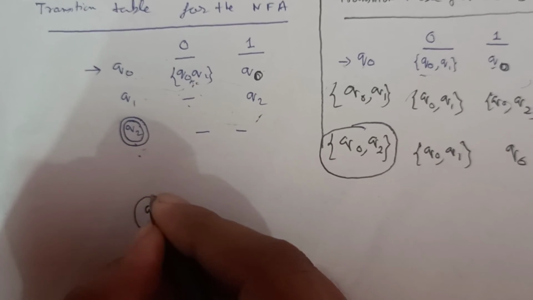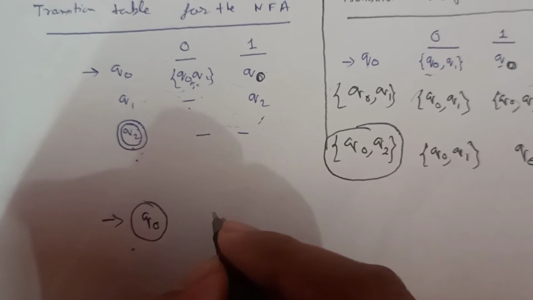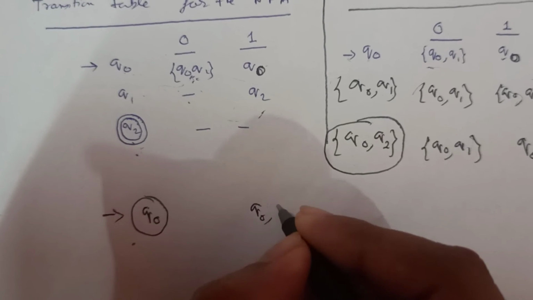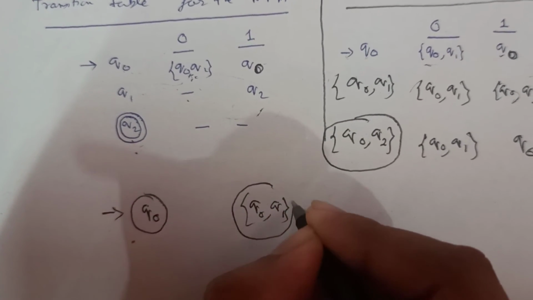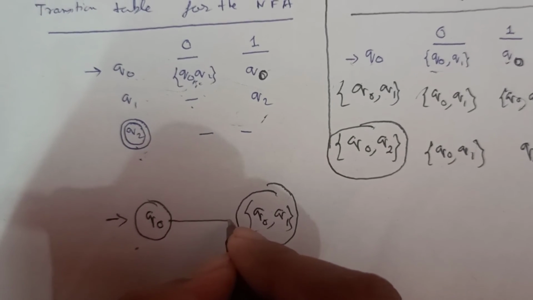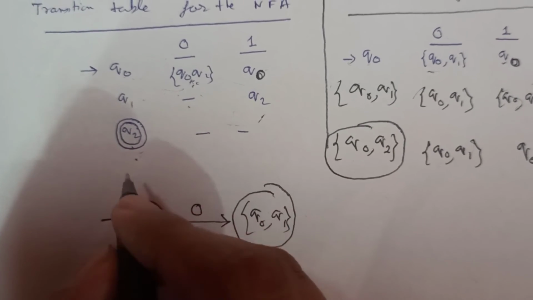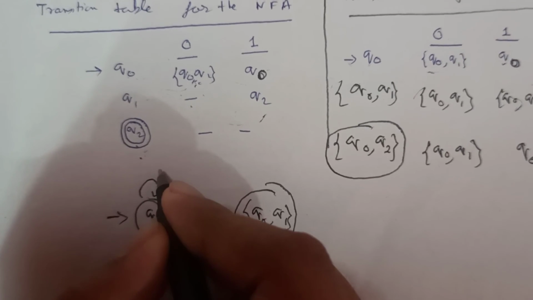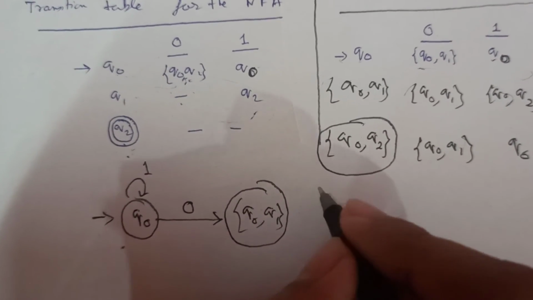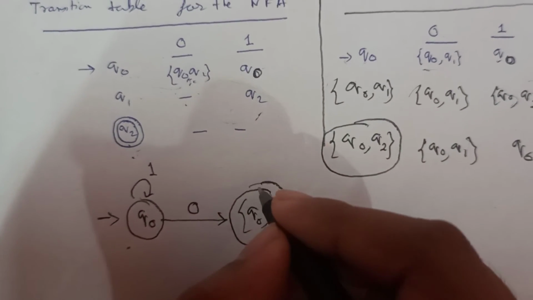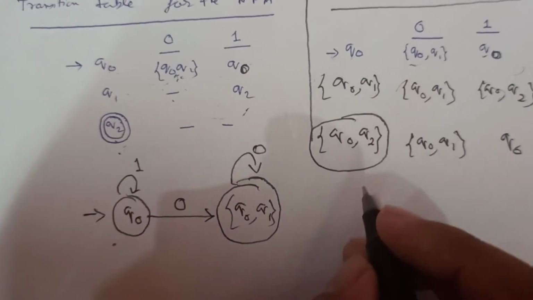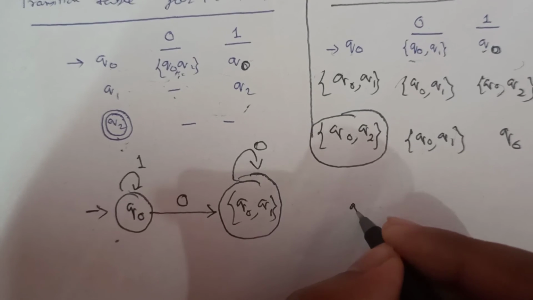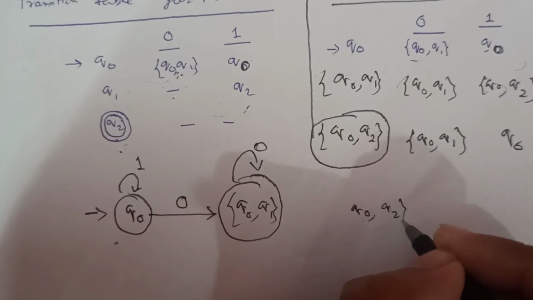So Q0 is the starting state, then it goes to Q0 Q1 for input 0, and for input 1 it just self loops. Now there is a self loop for input 0 in this state also, and it goes to Q0 Q2 for input 1.